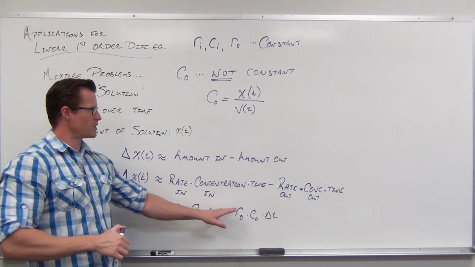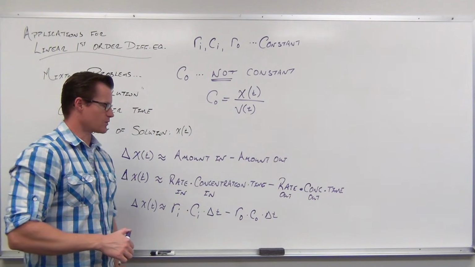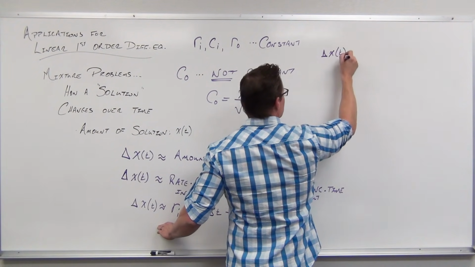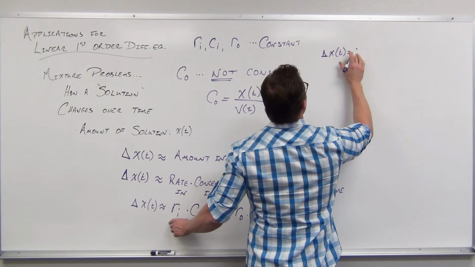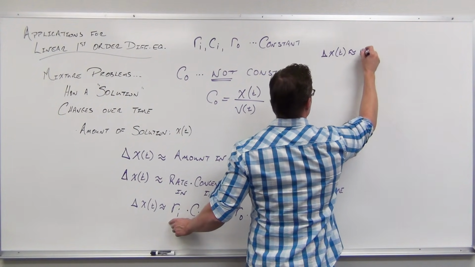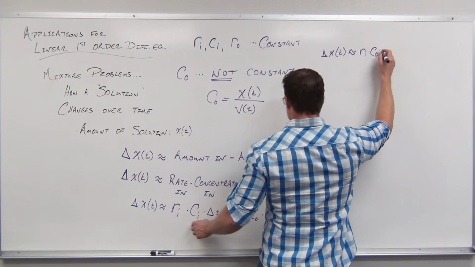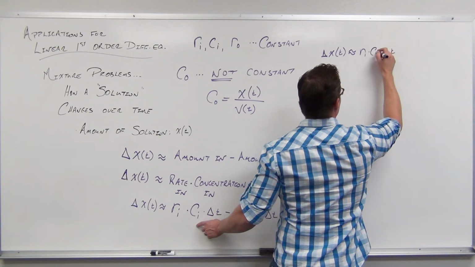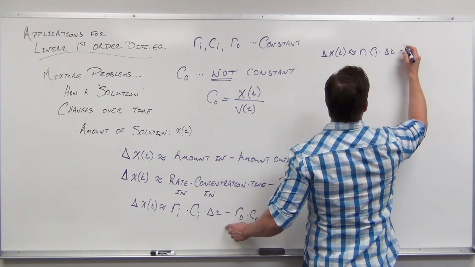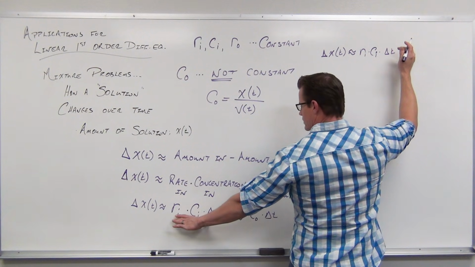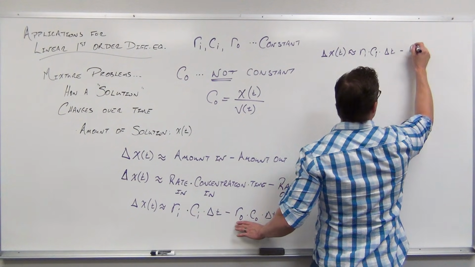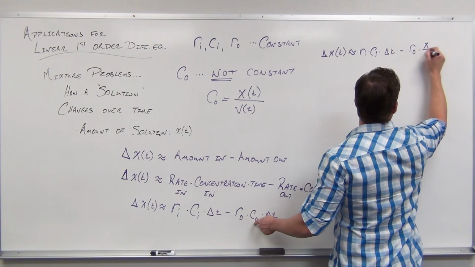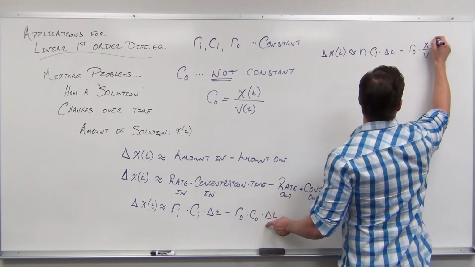Let's change this and just put C sub O. Let's make that X over V. So the amount, how the amount in is changing minus how the amount out is changing. But the rate out's the same, concentration out is X over V with respect to T.